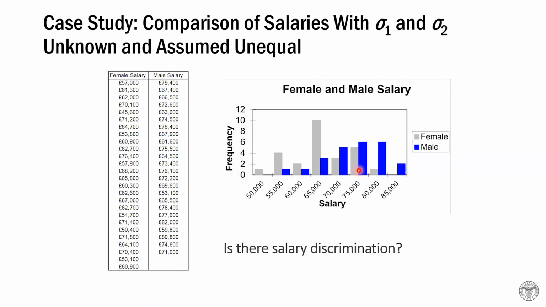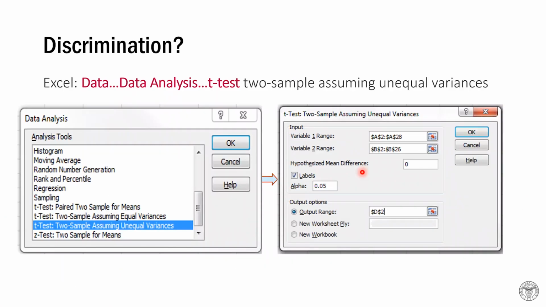One question is, is there salary discrimination? In Excel, we will go to Data at first and then go to Data Analysis and get the t-test. Specifically, we select the t-test two-sample assuming unequal variances to conduct the hypothesis testing.